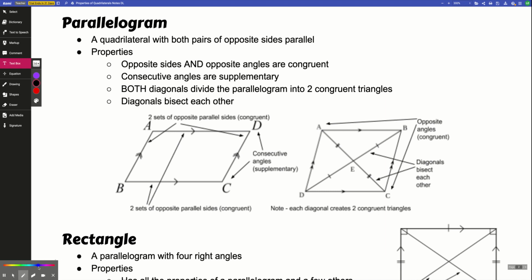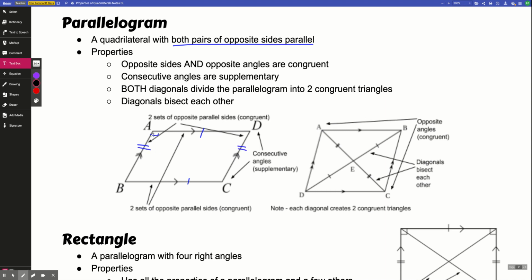The definition of a parallelogram is it's a quadrilateral with both pairs of opposite sides that are parallel. When you're thinking about parallelograms, really what you want to think about is lots of things that are equal to each other. Meaning that the opposite sides, sides that are across from each other, are congruent.